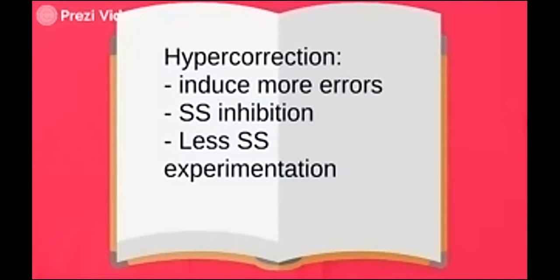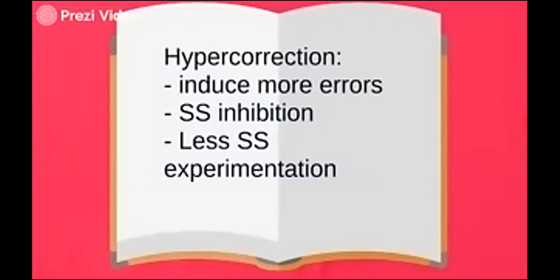You can also inhibit your students. They don't feel comfortable asking questions, or exploring their language, because they're going to be corrected constantly. And they're afraid, they're scared of making those mistakes.